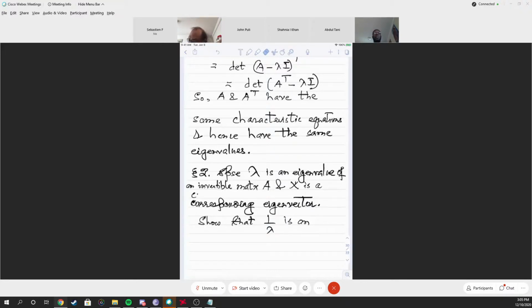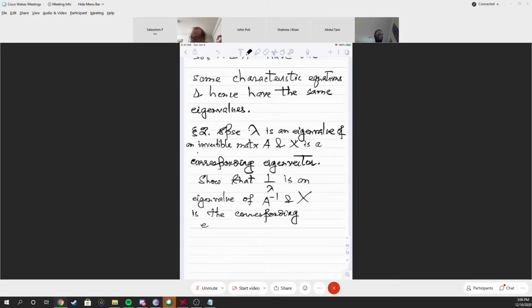Then 1 upon lambda is an eigenvalue of A inverse, and X is the corresponding eigenvector.